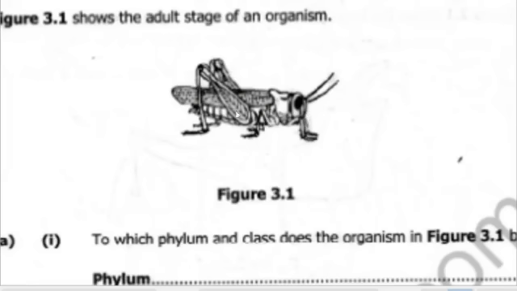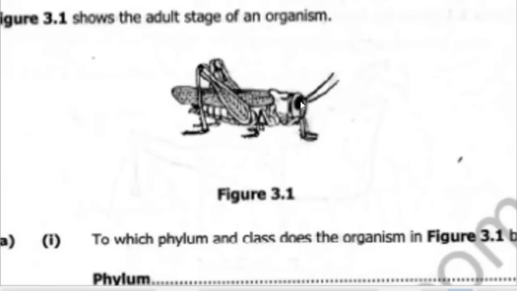When you look at this organism, it has got three pairs of legs. We have these hind legs, we also have the forelegs, and then we have got these other legs. So it has got 3 pairs of legs. That's number one. Apart from this, it has got 2 pairs of wings, because this is a grasshopper.